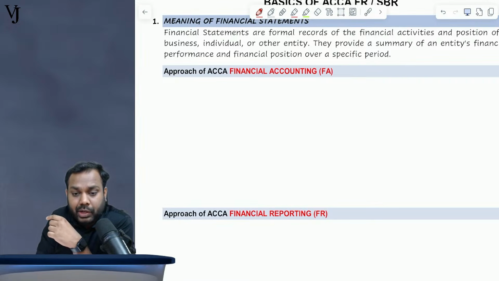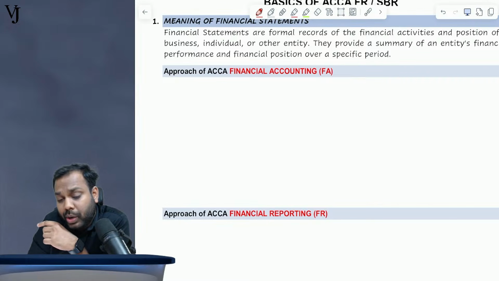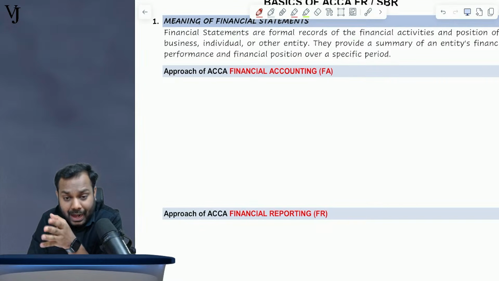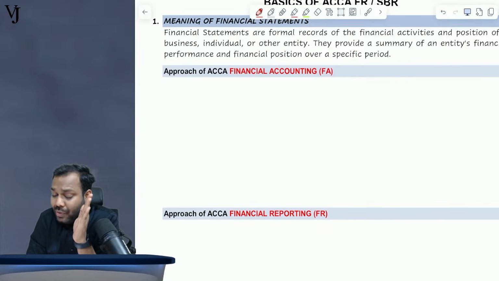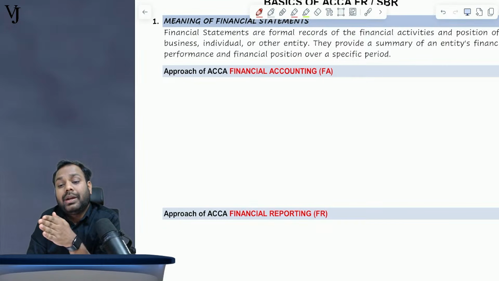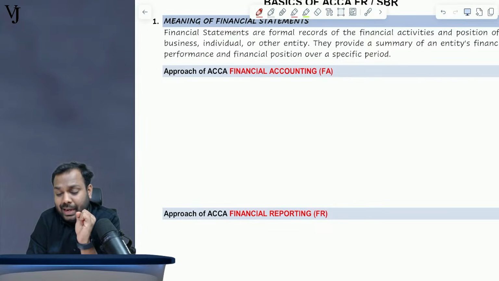Now Andrew has a query that no new IAS is created. No, if any standards are created now, they will be created by the name of IFRS, not IAS. IAS was created from 1973 till 2001. Subsequently no new IAS can be created.